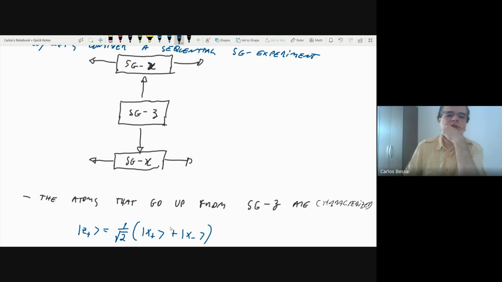Since I have the possibility up, it can go right or left.